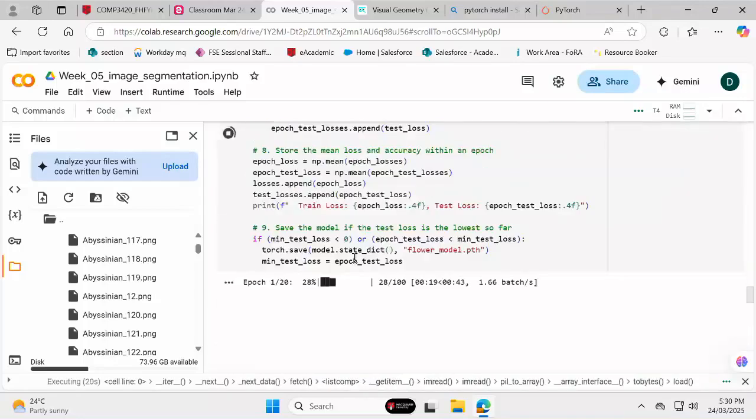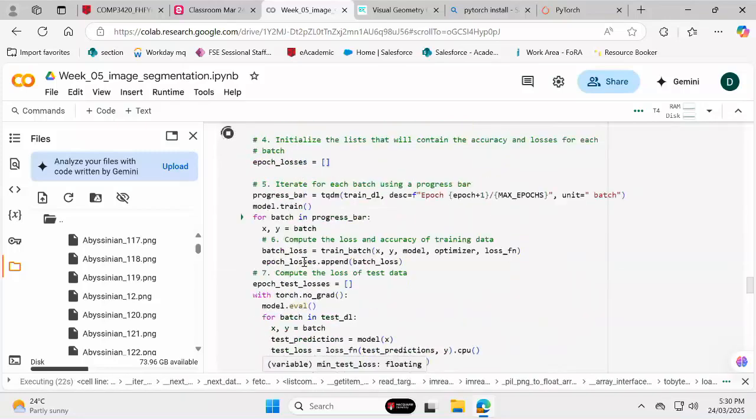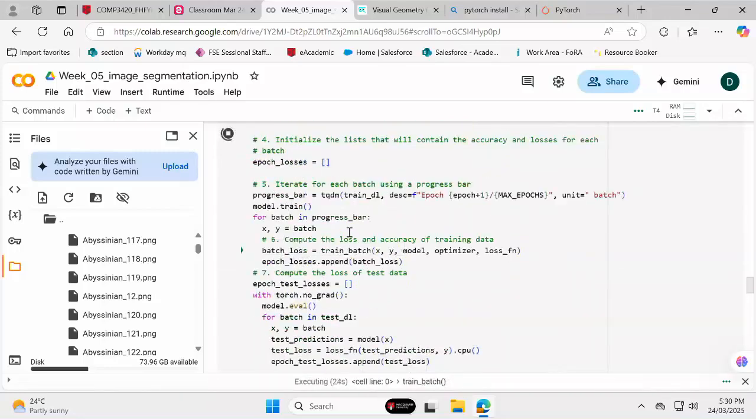Oh, one more thing. So far it's working, which is great. This code here is taken from the previous notebooks with some modification. On the previous notebooks, we used the accuracy to monitor the quality on the validation set. But now accuracy doesn't make much sense because you have a mask.